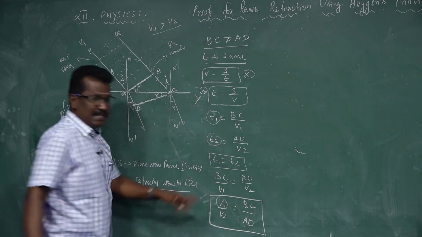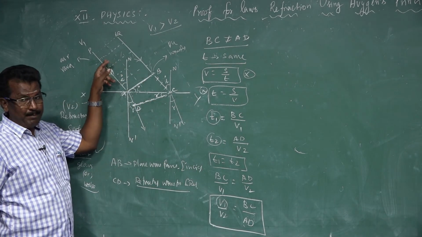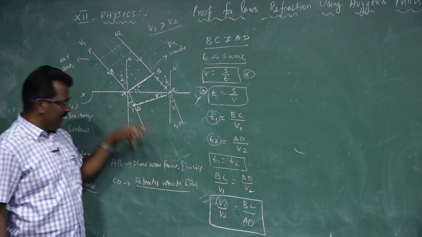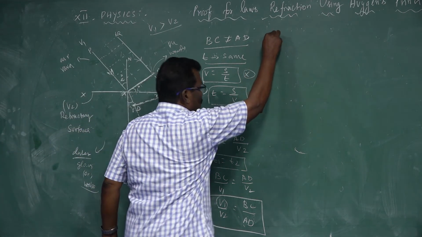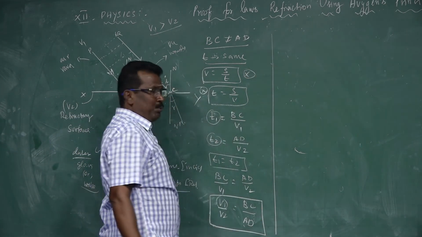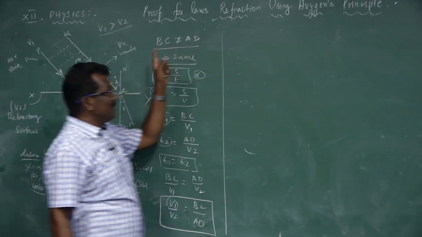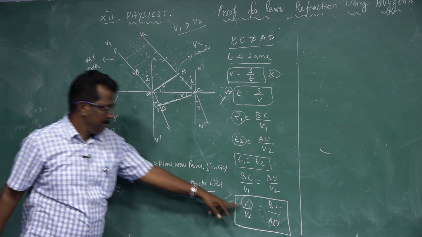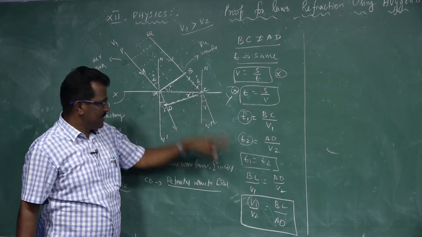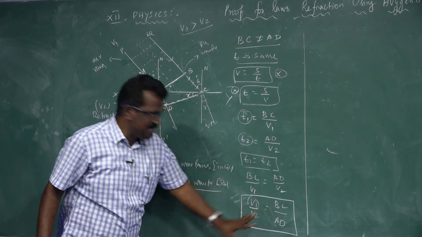V1 represents velocity in the rarer medium, and V2 represents velocity in the denser medium. But our motto is to prove the law of refraction using the Huygens principle. So we calculated time, and V1 by V2 is equal to BC by AD.